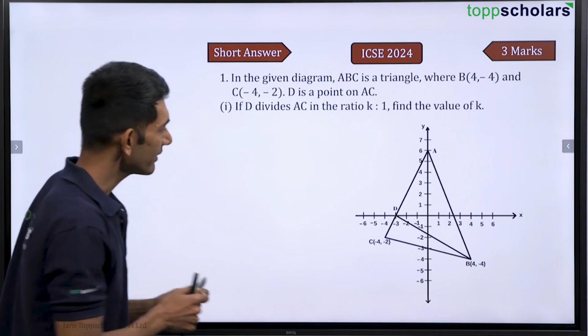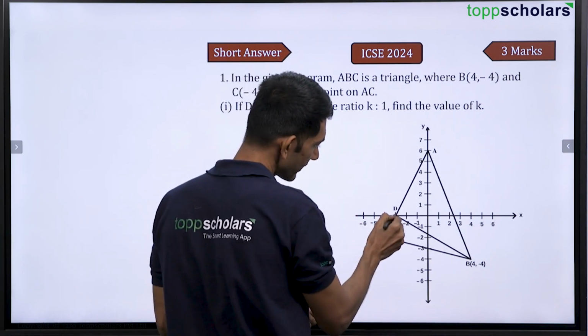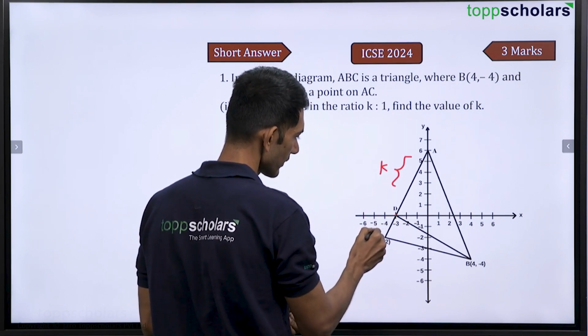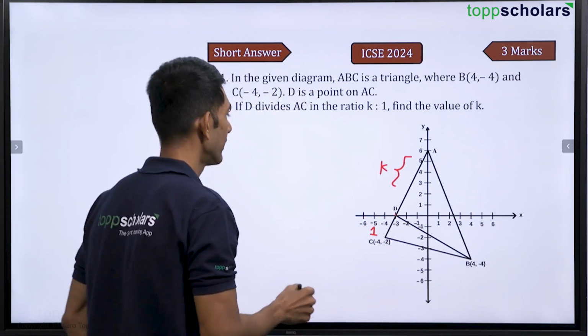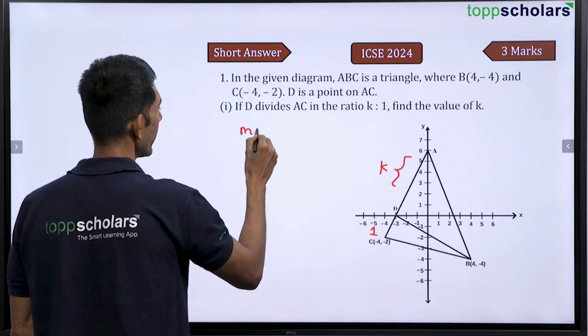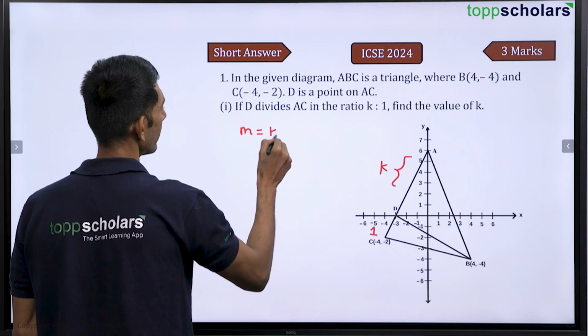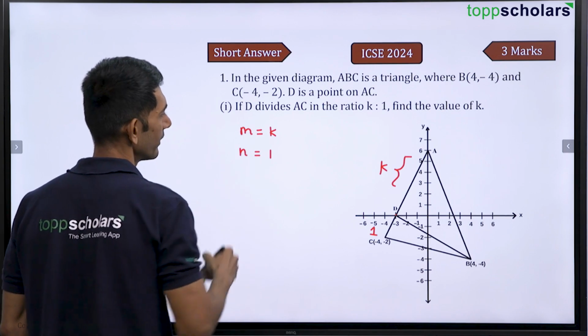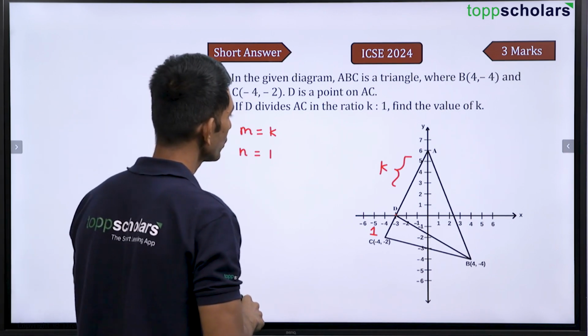D divides AC in the ratio k is to 1. So can I say this k is nothing but your m. So m is given as k and n is given as 1. We are supposed to find out the value of k.